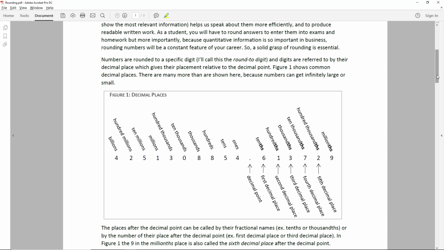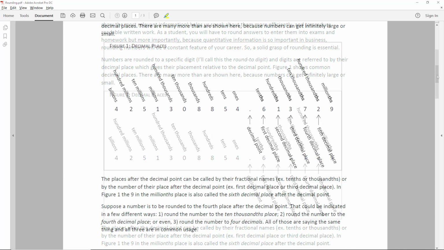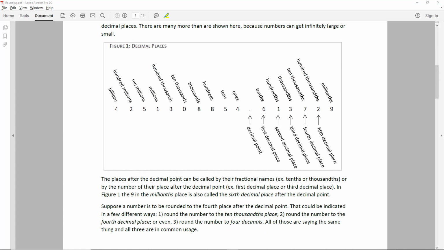What you should notice is that those are referred to by the number of their place to the right of the decimal. So to extend that further, the millionths place in this figure, which is occupied by the digit 9, would be the 6th decimal place. It's not labeled on the figure, but we can count and see, and that's how the pattern goes.